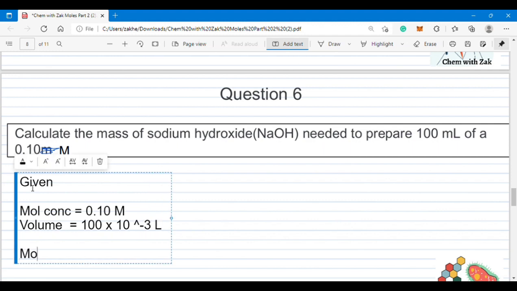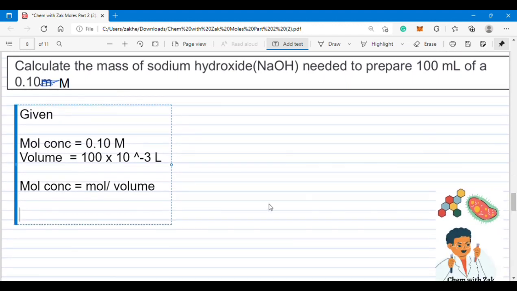And from these knowns, we can use the mole concentration equation, which is mole divided by volume, and we can rearrange this and put moles as our subject. Hence, we're going to get mole concentration times volume.